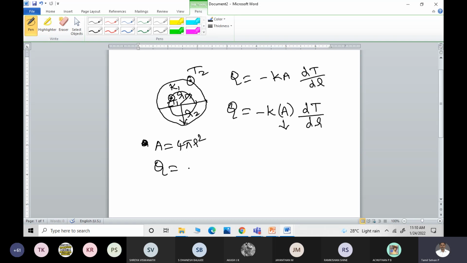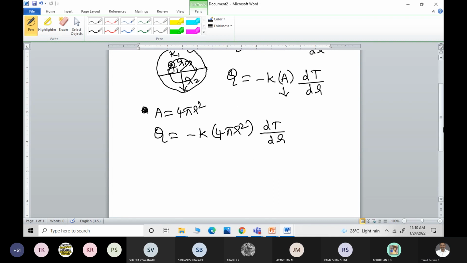Now again, let me rewrite it. Q equals minus k into A. Instead of A, let me write 4 pi r squared dT divided by dr. So this dr goes to the other side. Q dr equals minus k into 4 pi r squared dT.